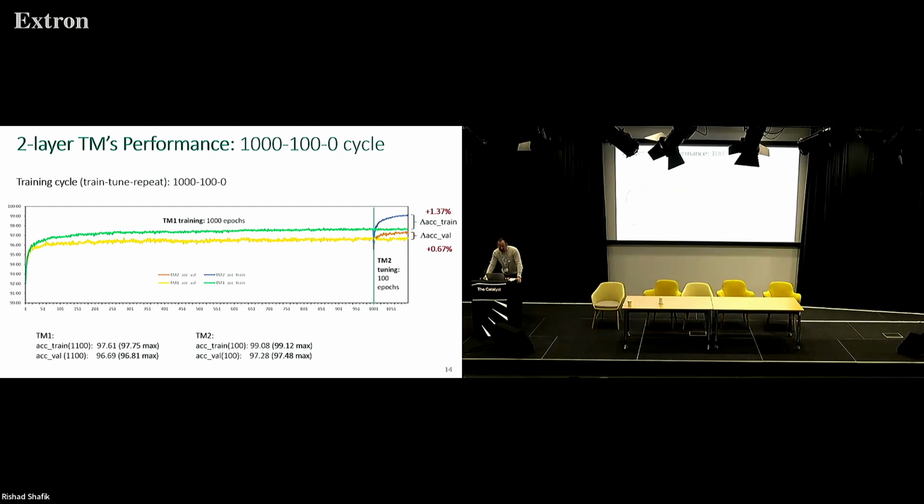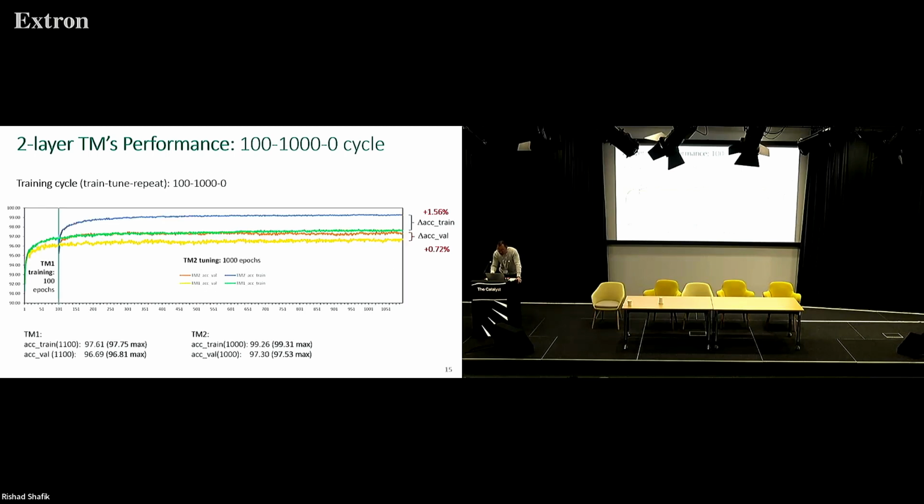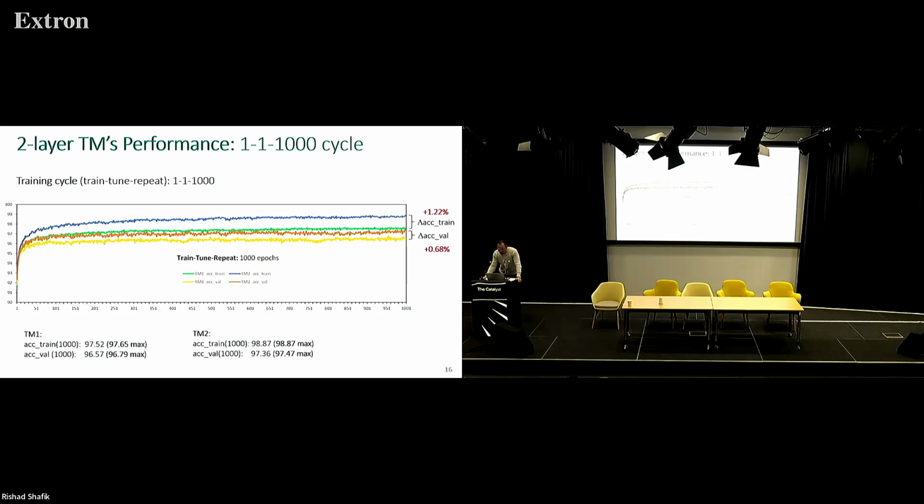Right. So then we tried to experiment with what is more promising: train the first TM for longer and then tune the second TM for a small number of epochs, or train the first layer TM for a small number of epochs, for example 100, and then tune the second layer TM for longer, or tune, train, repeat for like 4,000 cycles.